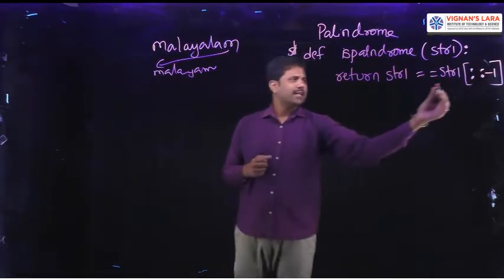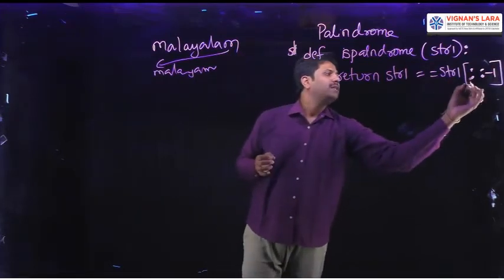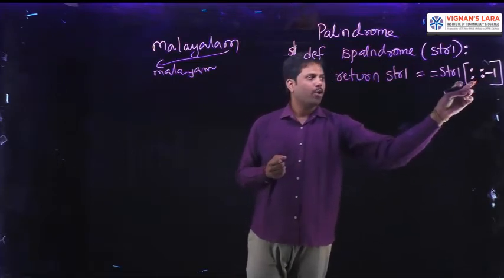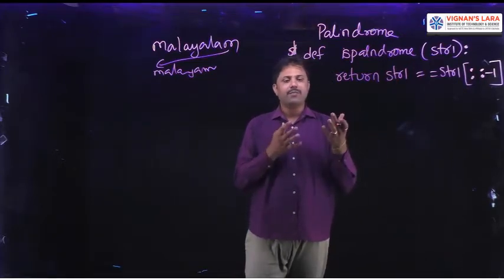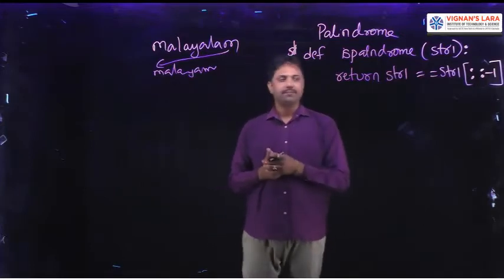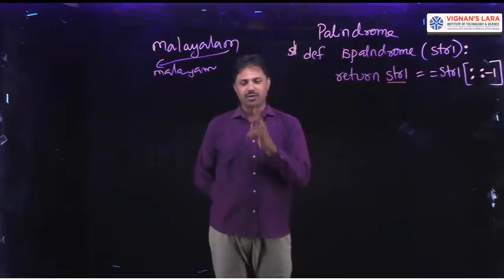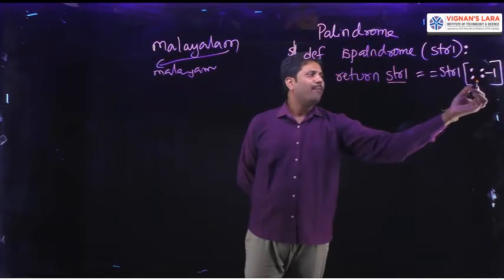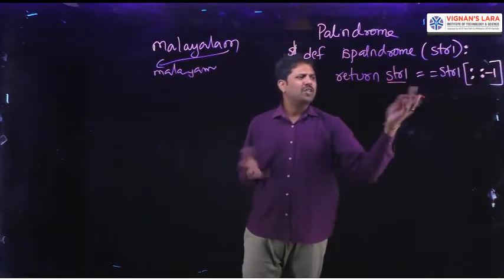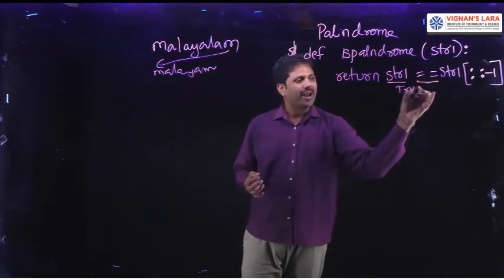What it says is that if we have a string and perform this operation, double colon minus 1, it simply reverses the given string. That means here str1 is the first given string and str1[::-1] is nothing but the reversed string. If I check the condition equals, that means if both are equal, it returns true.